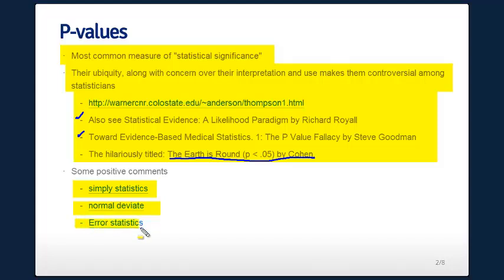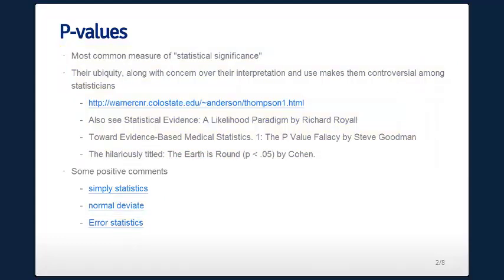The blog Error Statistics is written by a philosopher named Mayo, who thinks about the philosophy of empiricism and statistics, and she's written a nice post about misinterpretation of p-values.